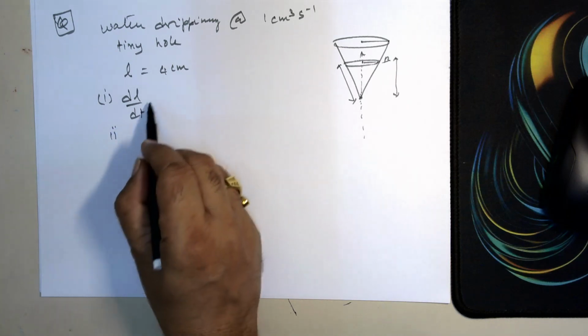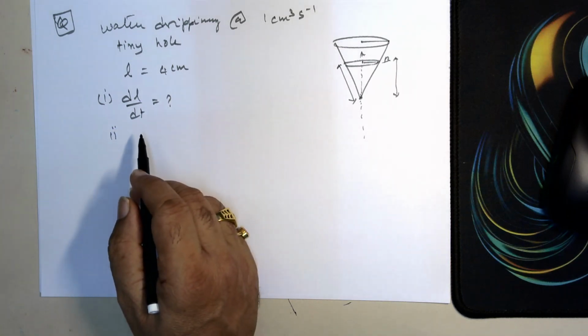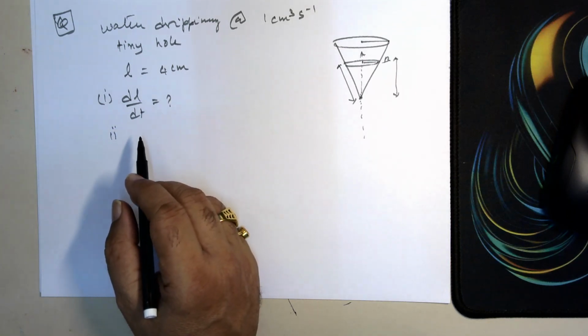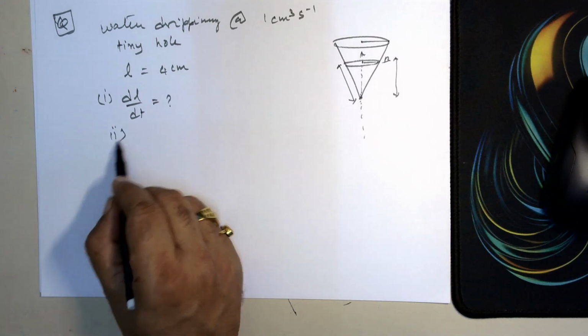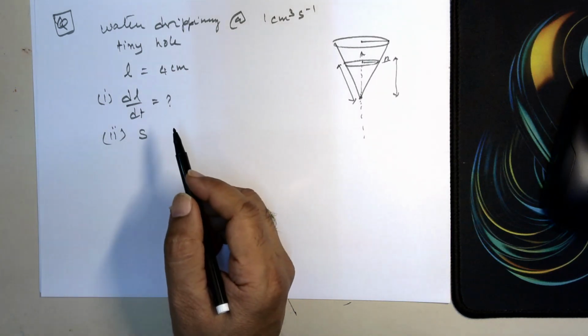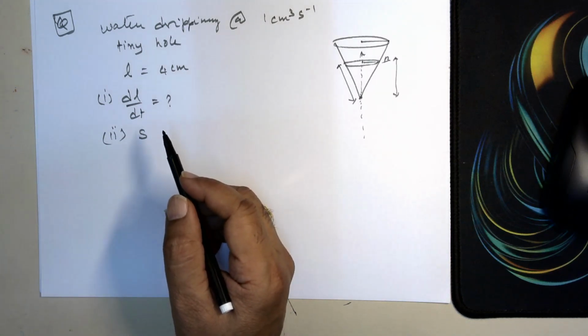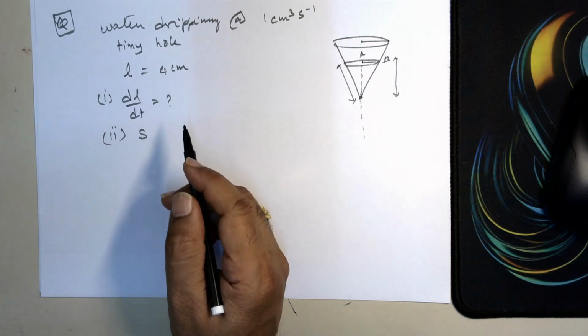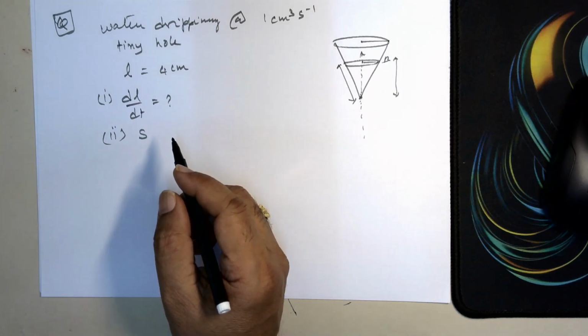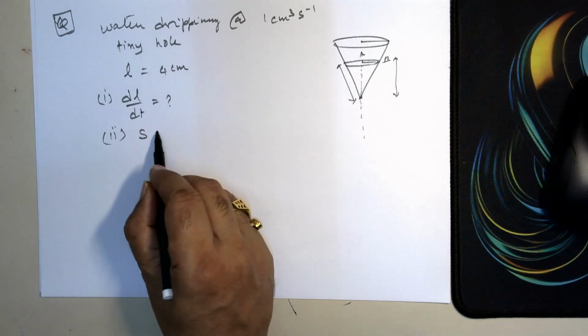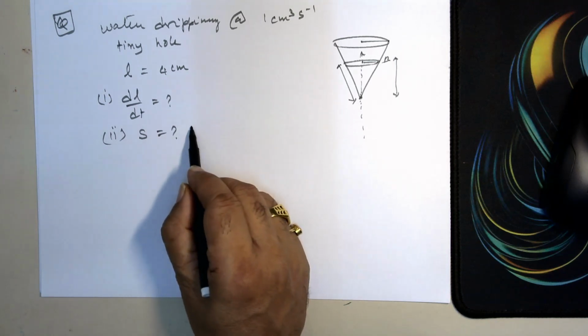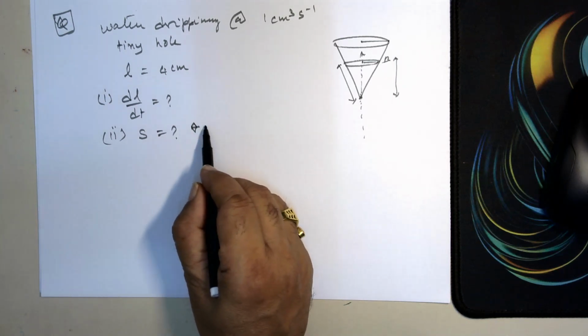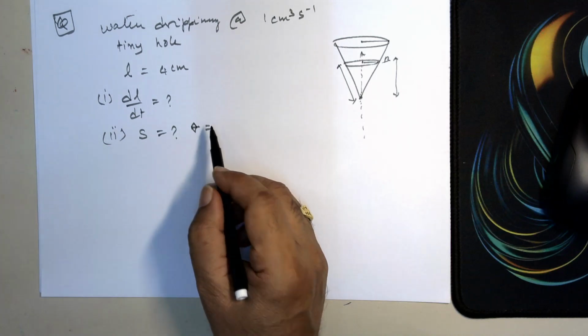Second, find the area of water surface. So we have to find out the area of water surface, given that the vertical angle is 60 degree.